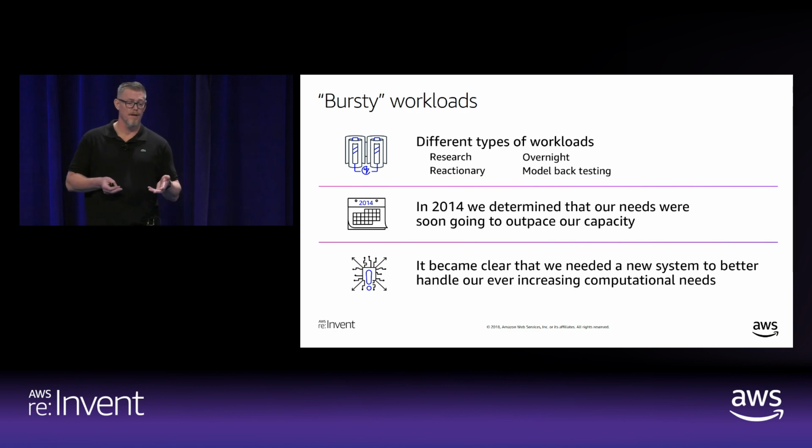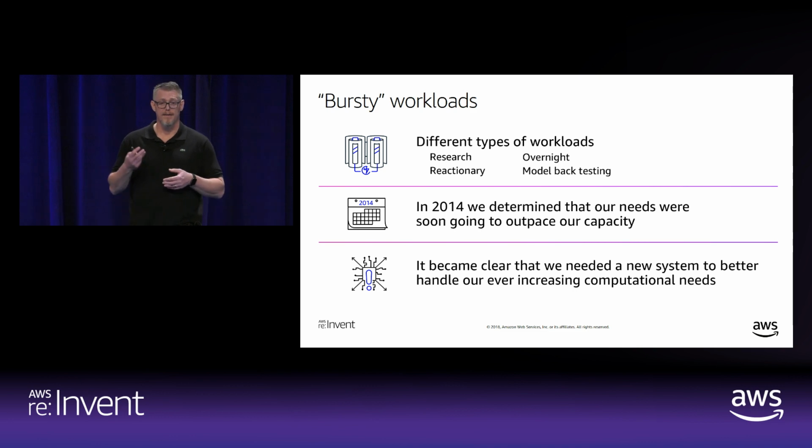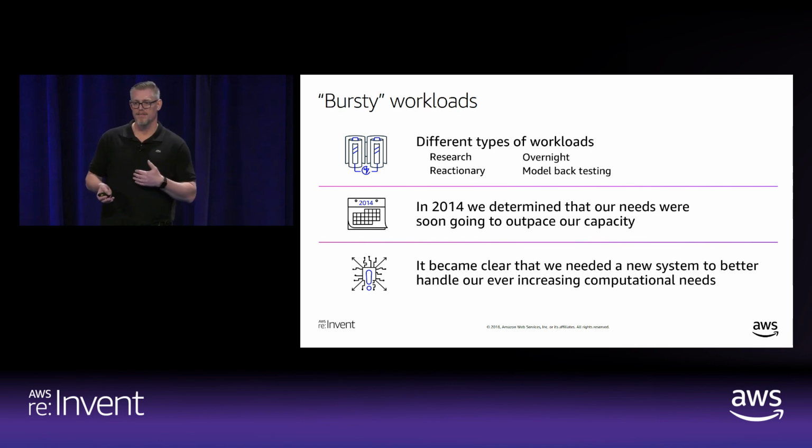Now, for the most part, the POC worked well. We learned a lot doing it, which was the important part. The 2 key takeaways: 1, Docker is a really useful technology for migrating workloads from on-prem into the cloud. And the second key takeaway that we learned was that none of the proprietary schedulers that we had built over the years were particularly well suited to orchestrating Docker containers. So we were going to need a new system.